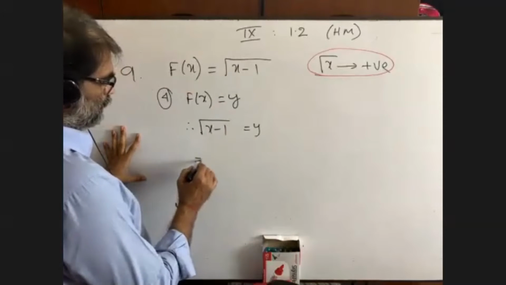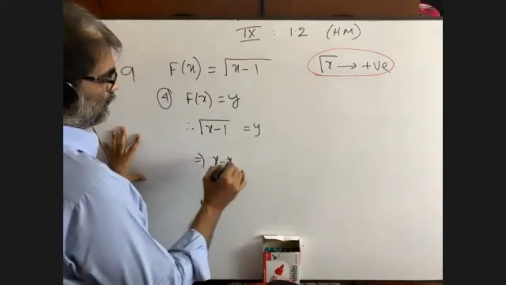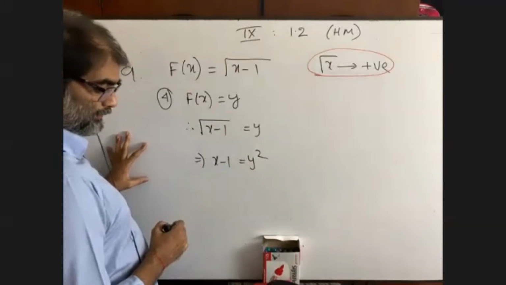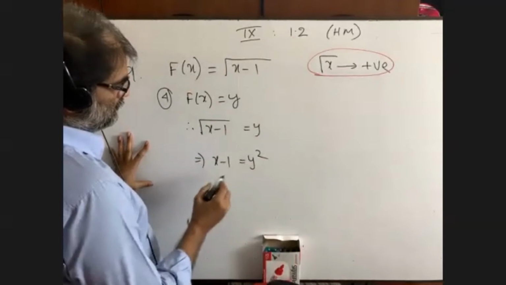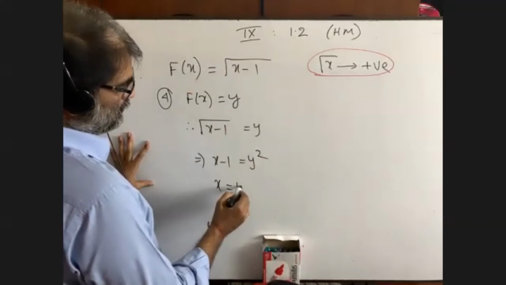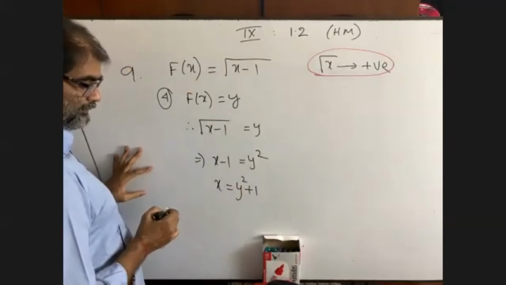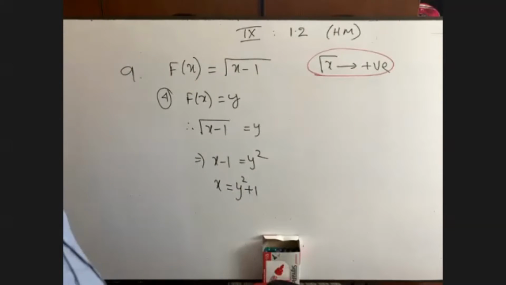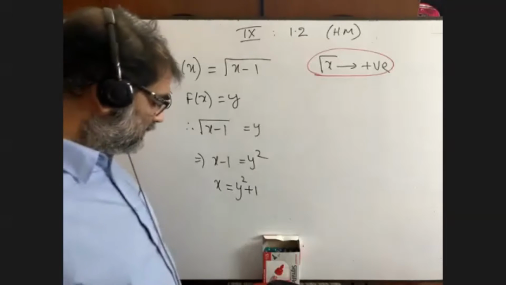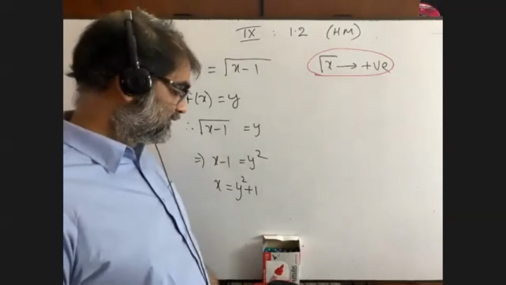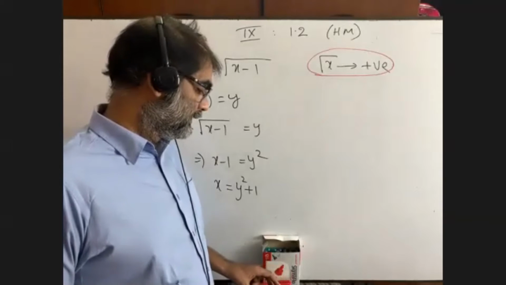So what can we do? x minus 1 equals y square, by squaring. So x equals what? y square plus 1. Is it okay? It is really very, very easy and simple math. But this math is given in the exam.